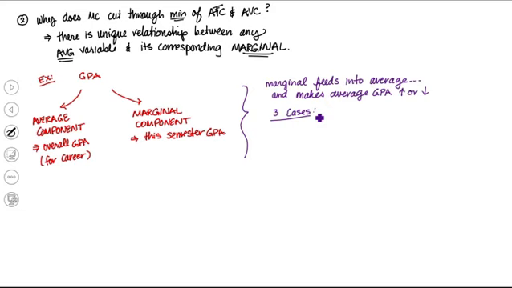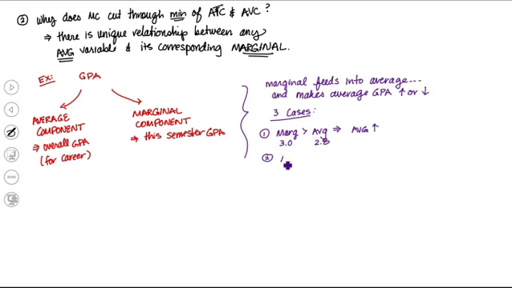And those cases are that your marginal is greater than your average. So what would that mean? This semester is greater than your overall, right? So this semester you get a 3.0, but your overall average had been a 2.8. So what happens to your average? Which way does it go? Everyone agree that your average is going to go up, right?